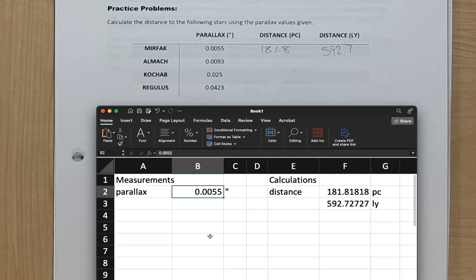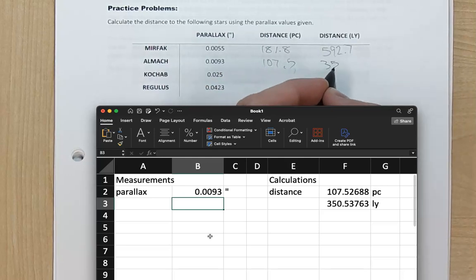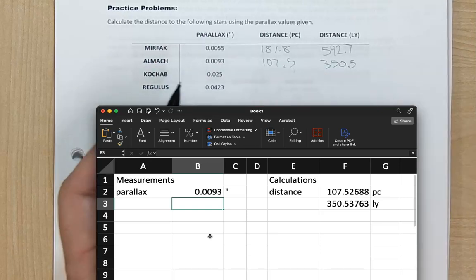All right. Almach has a parallax of 0.0093 arc seconds, so it's got a distance of 107.5 parsecs, or 350.5 light years.